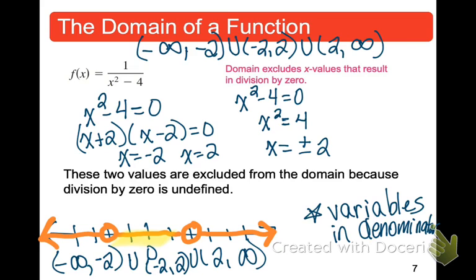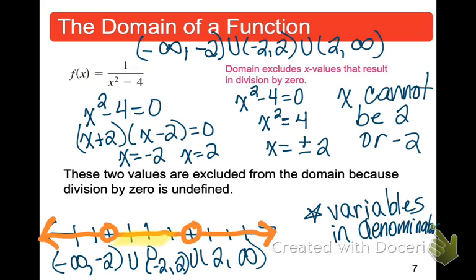Because if I put 2 or negative 2 into x squared minus 4, what am I going to get? 0. So x cannot be 2 or negative 2 because I get something that is undefined when I do that. Okay?